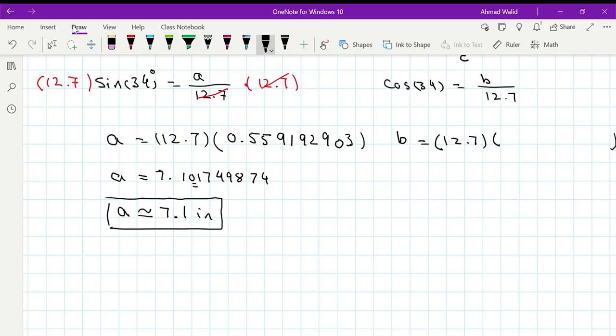Let's see what is the cosine of 34. Again, in your calculator, you have three main buttons: sine, cosine, and tangent. You don't have secant, cosecant, or cotangent. You are actually using the reciprocal if you need those, correct?